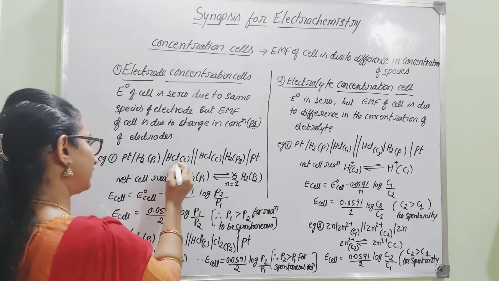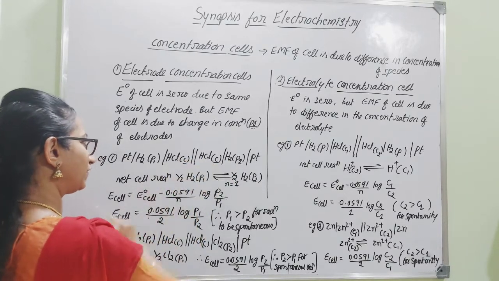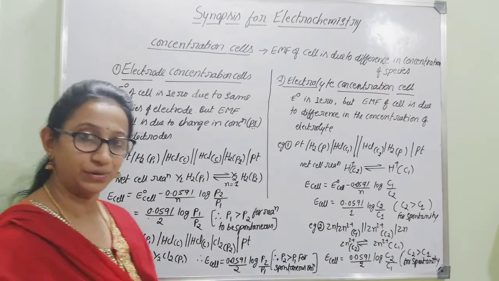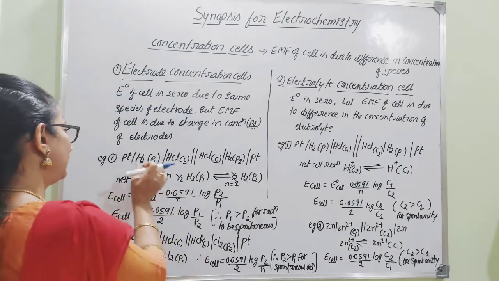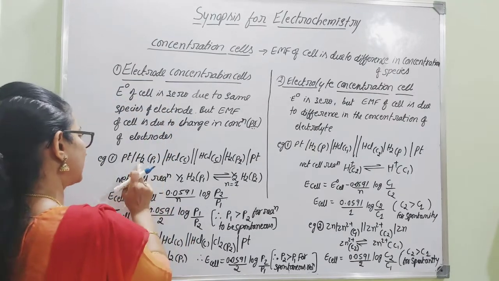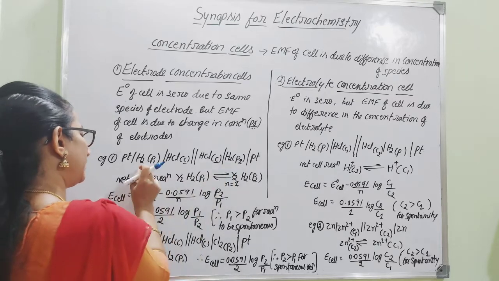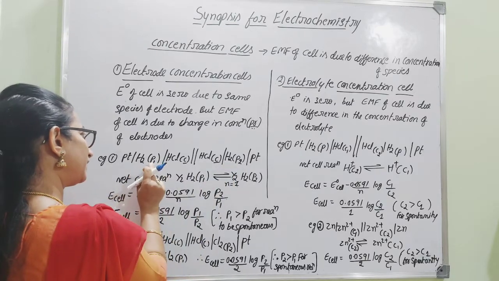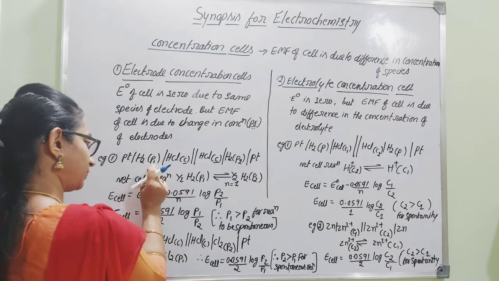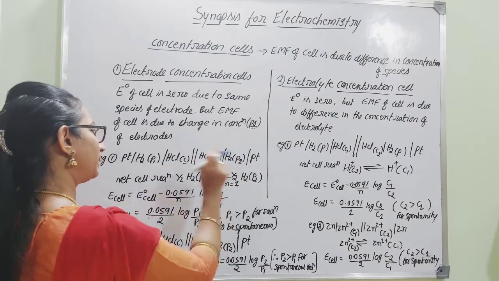We maintain the same concentration of electrolytes at anode and cathode, but the hydrogen gas is passed at different pressures: one at pressure P1, another at pressure P2.